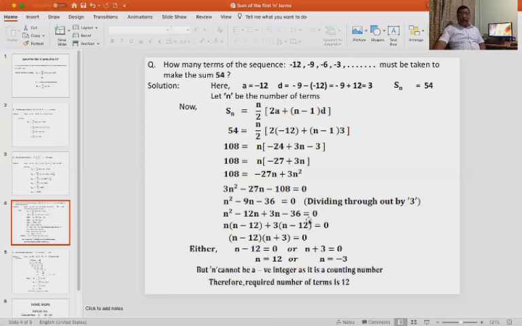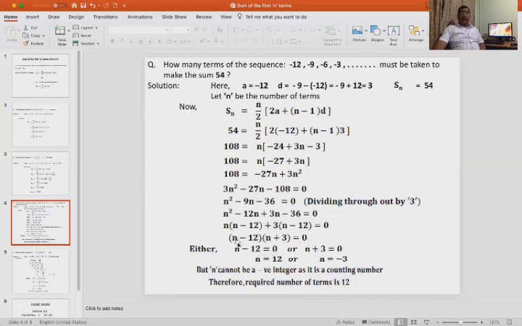Now the first term and the second term have n common, so we take n common, we are left with n minus 12 plus. Again, the third term and the fourth term have 3 common, so we take out 3, we are left with n minus 12, which is equal to 0. Again, n minus 12 is common, so we take n minus 12 common, we are left with n plus 3, which is equal to 0.